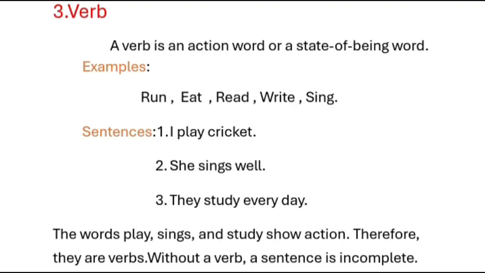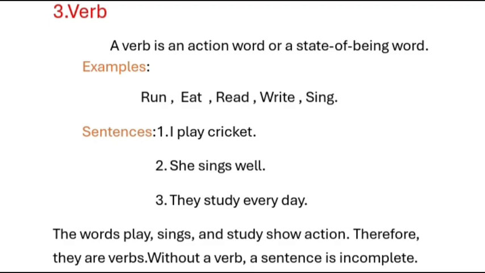Next one is verb. A verb is an action word or a state of being word. A verb is a word that shows an action, a state, or an occurrence. It tells us what someone or something does, is, or feels. Without verbs, a sentence cannot be completed.